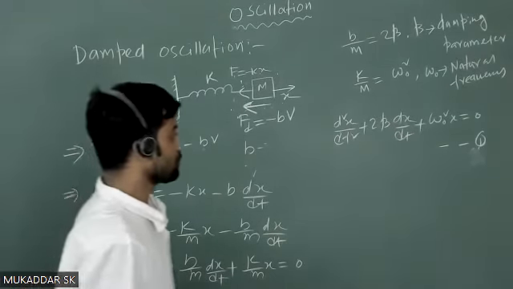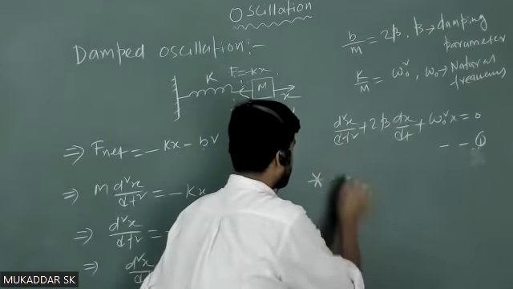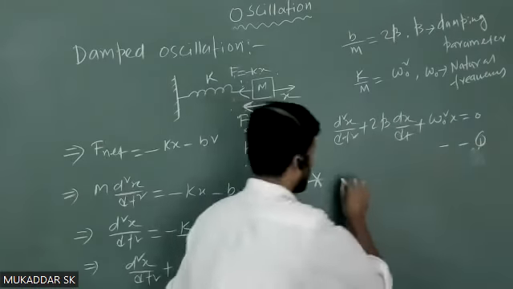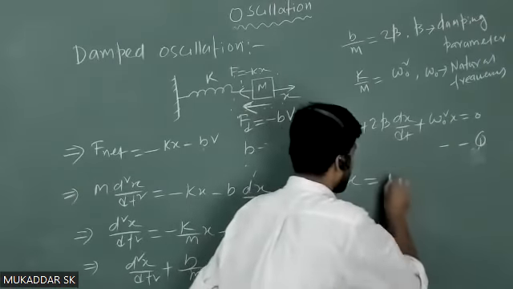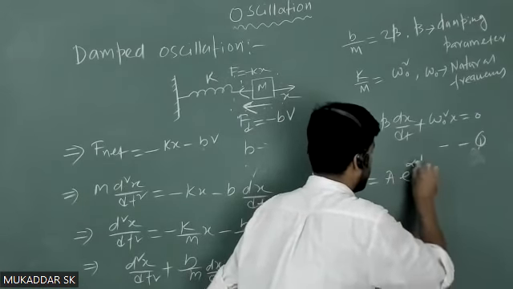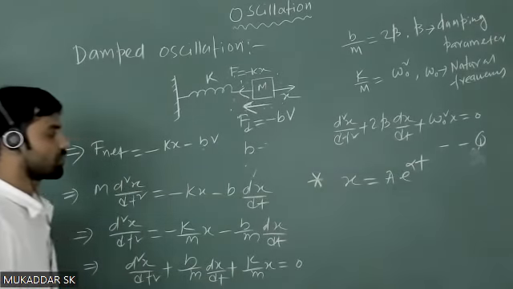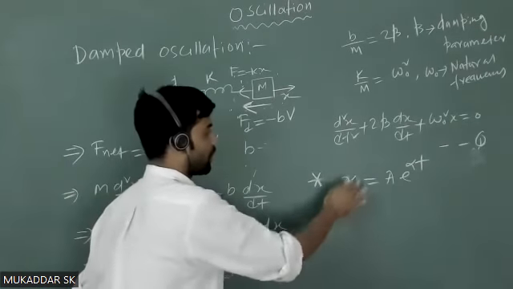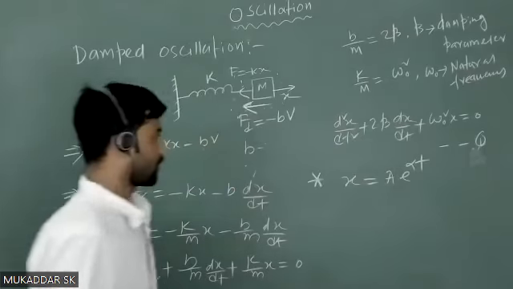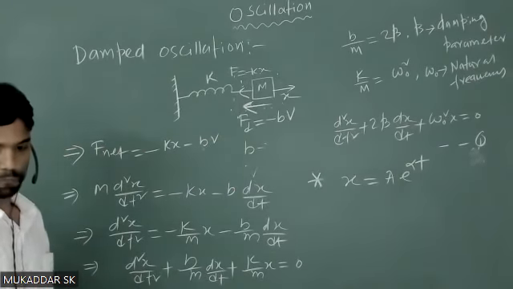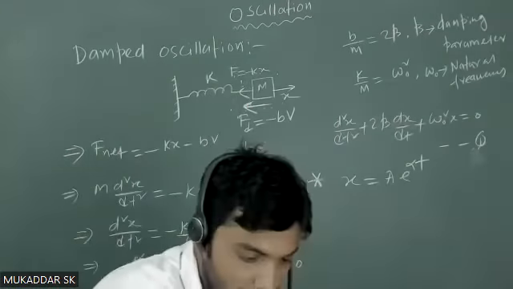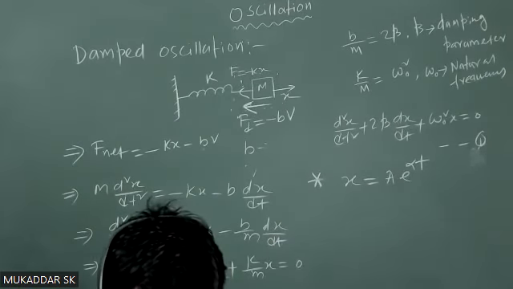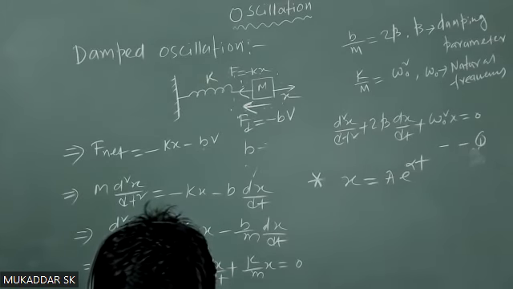Now, the general solution of equation 1 is x equals a exponential alpha t. This is the general solution. Now, if you substitute this x equals a e to the power alpha t in this equation 1, what will you get? You will get alpha square plus 2 beta alpha plus omega naught square.